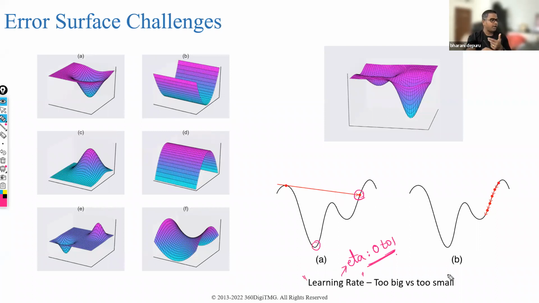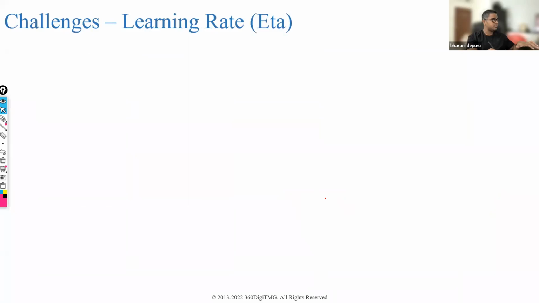If the learning rate value is too small, then it will take far too many steps to reach the minimum, too much time. And also it will reach a minima which is not that good, because this is a better minima, but it will end up here. So you need to choose the right learning rate value. This is also another challenge.